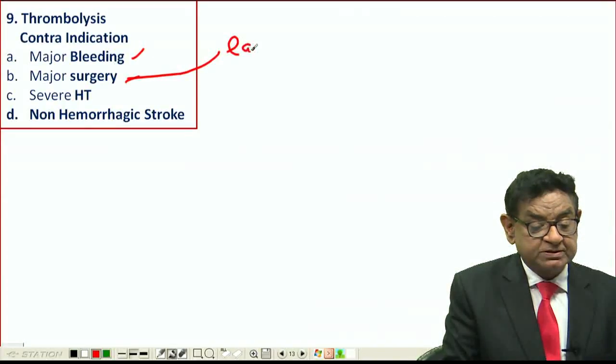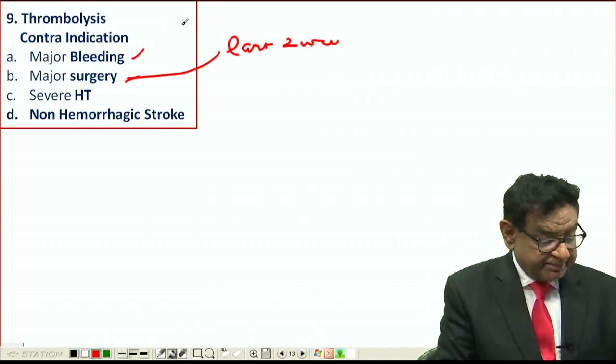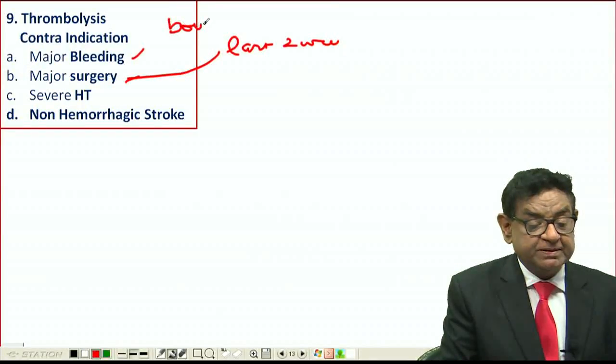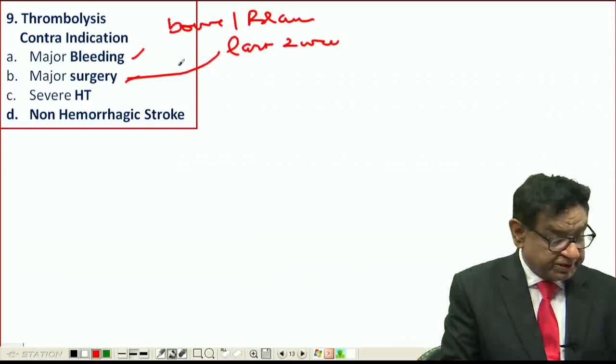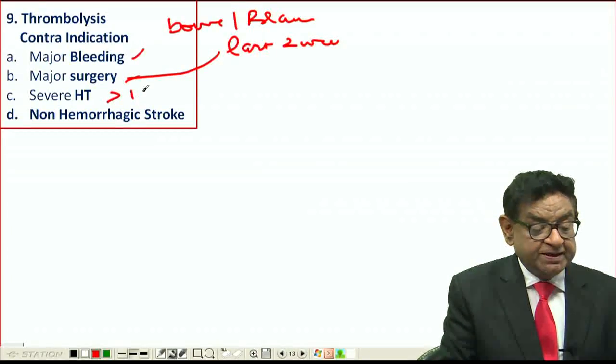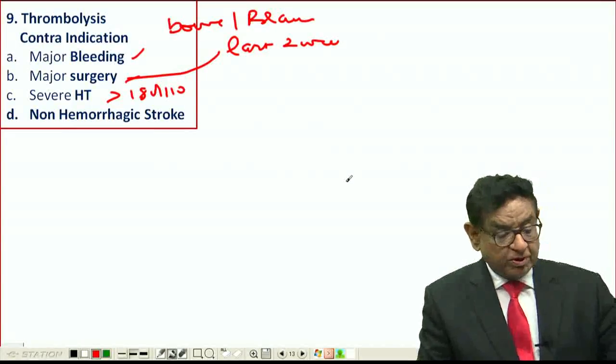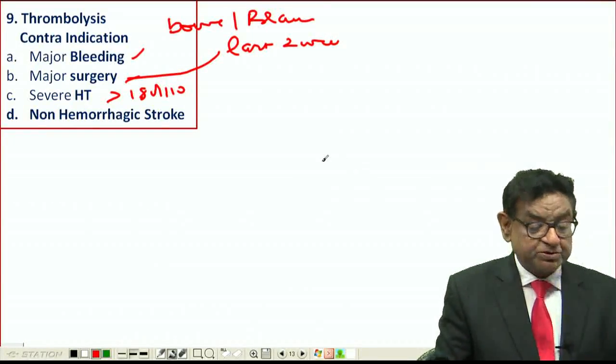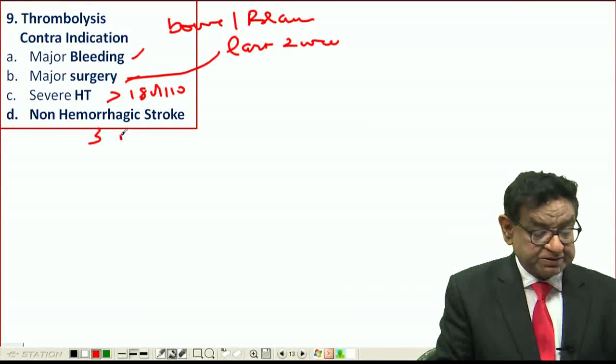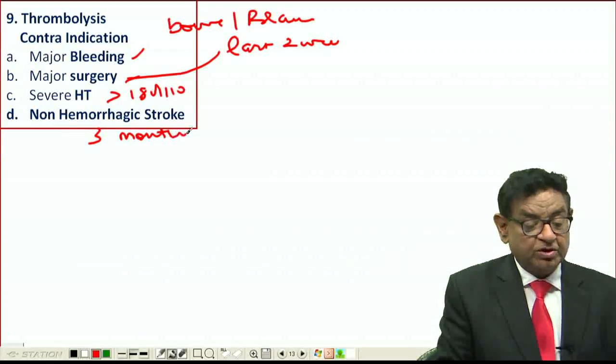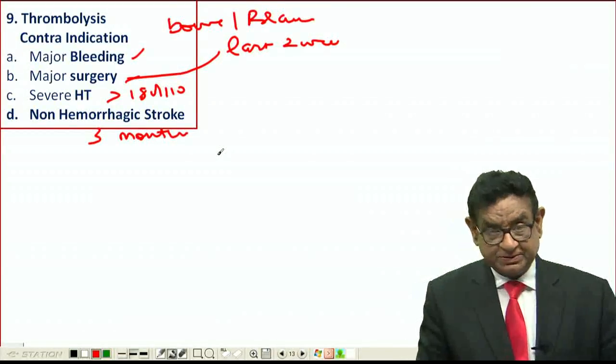And we talk about major bleeding, maybe in the bowel, maybe an upper GI bleed, or maybe in the brain. Those are the major bleeding where we will not use it. Severe hypertension, if BP is above 180/110, we will not thrombolyse. And maybe a non-hemorrhagic stroke in the last 3 months, we will not do thrombolysis.